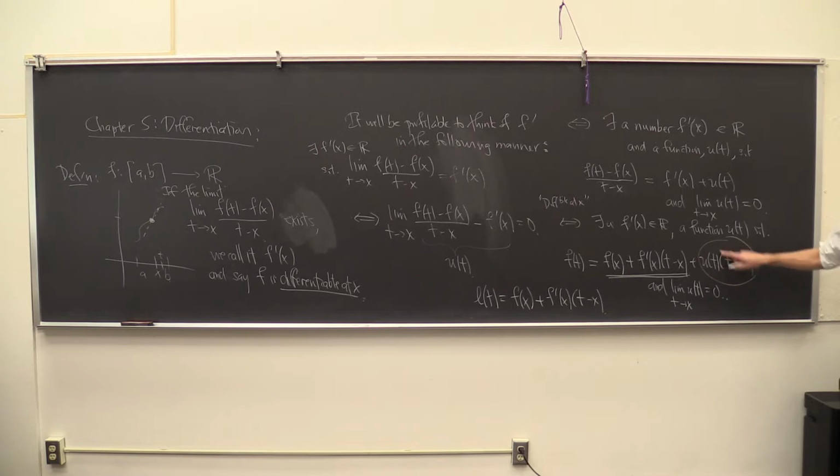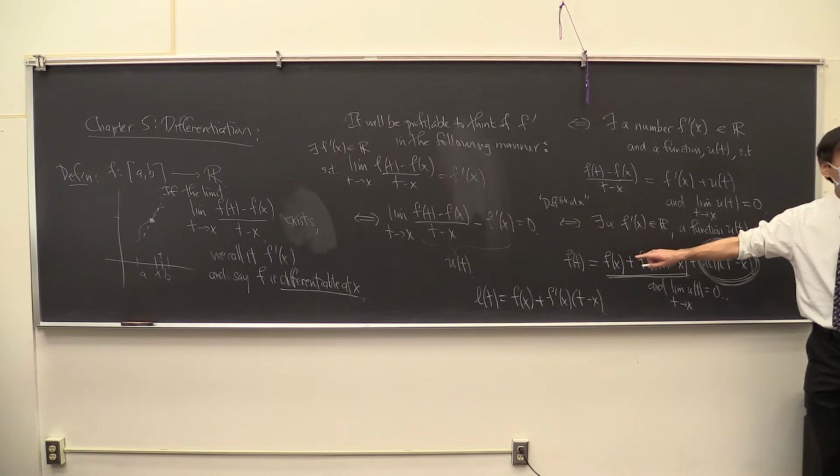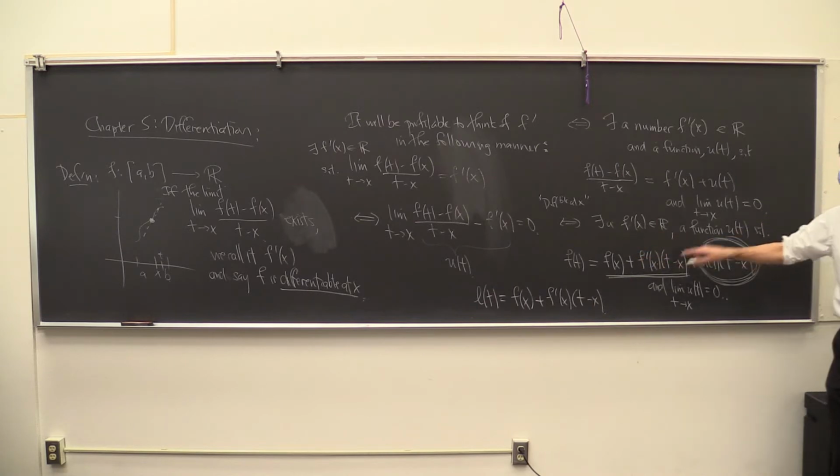This part not only goes to 0, but this thing also goes to 0, in a linear way. So this product here you can think of as some sort of error. Okay? So your function is differentiable if it's the tangent line plus an error that goes to 0 even when you divide it by t minus x.